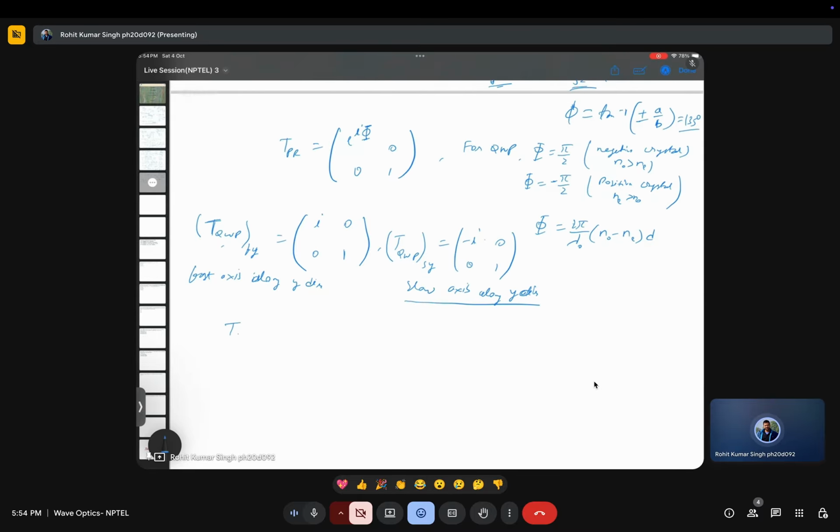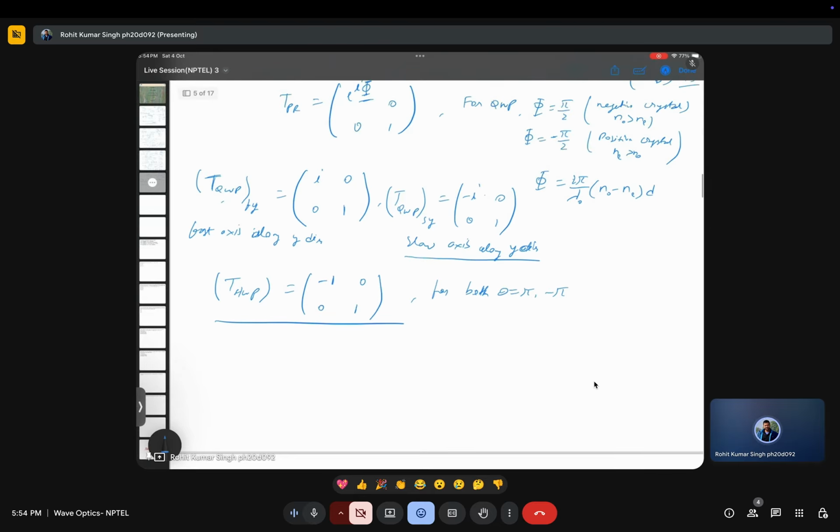And similarly for the half wave plate, you can put phi equal to pi and you will get the matrix minus 1 0, 0 1, and this is true for both theta equal to pi and minus pi, okay. So for both negative and positive crystals you have the same half wave plate, okay.